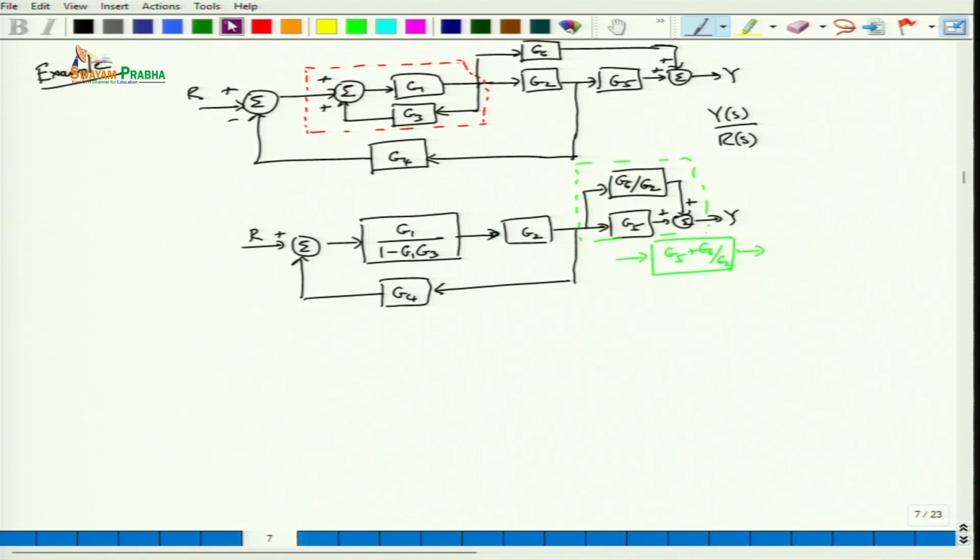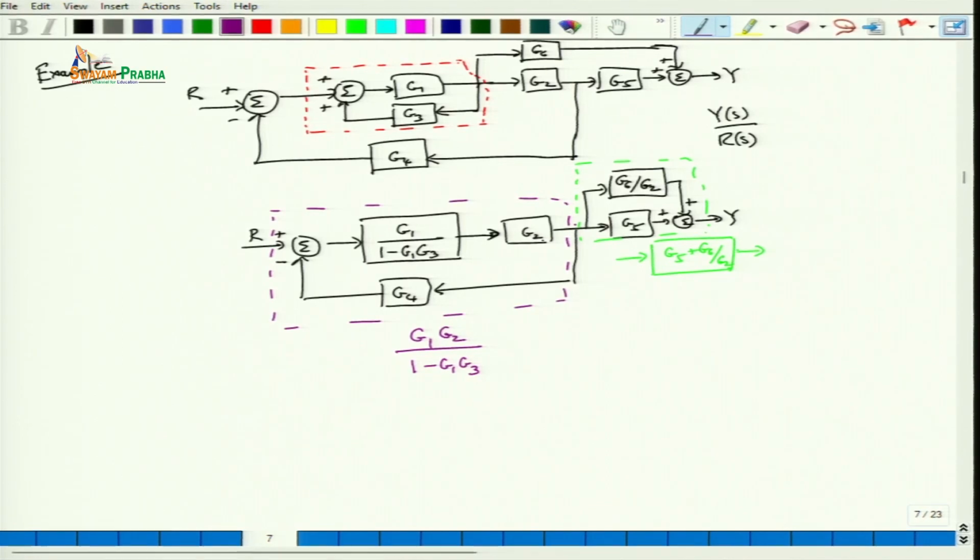Similarly, we can consider simplifying this negative feedback portion. So the equivalent transfer function from R to this particular point will be G1 G2 by 1 minus G1 G3.